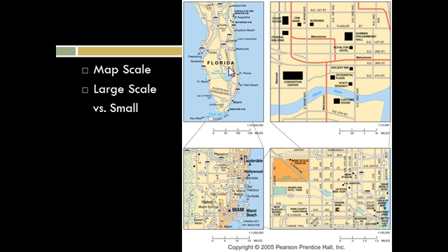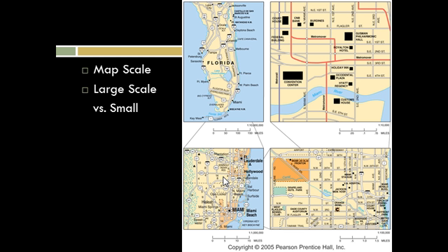The map of Florida is showing us a larger geographic area, whereas the map that just shows one tiny part of Florida, that would be Miami, Fort Lauderdale, that of course is showing a much smaller geographic area. So almost immediately students think this. They think, well, this must be the large scale map, and this one here on the bottom must be the small scale map because it shows a smaller geographic area.